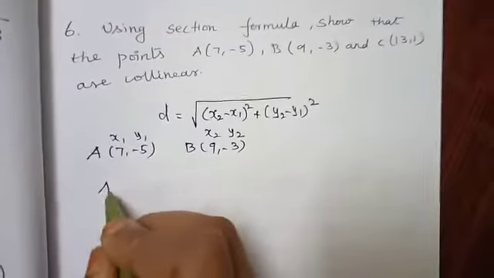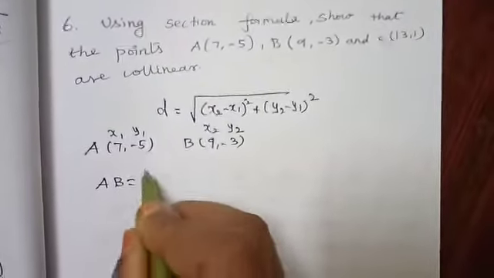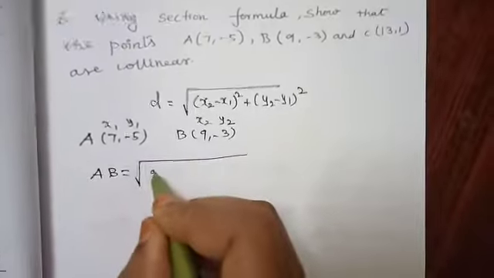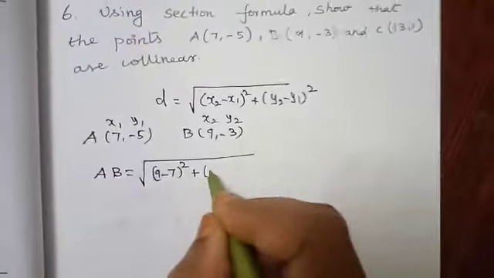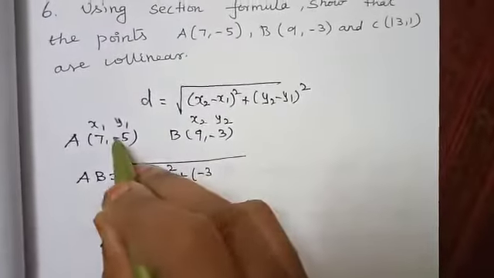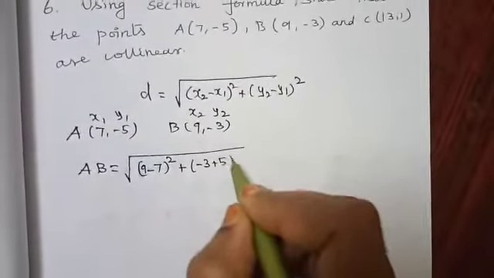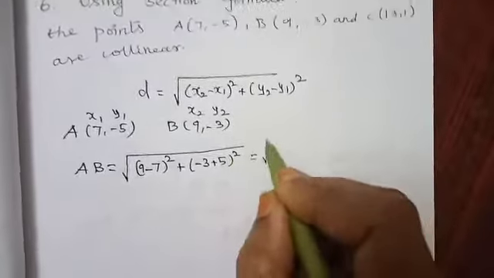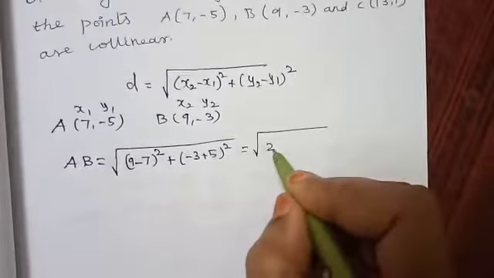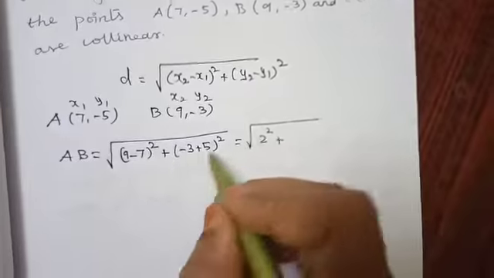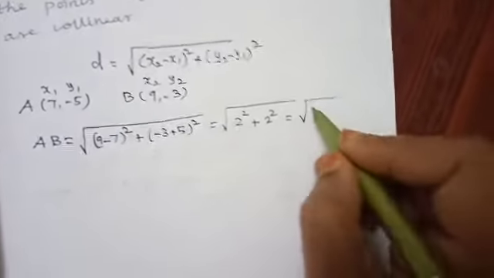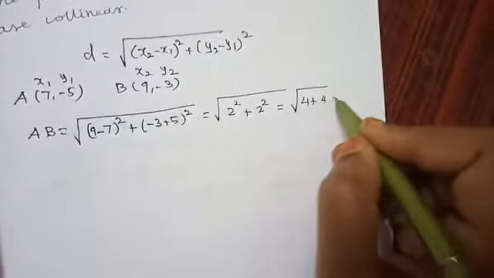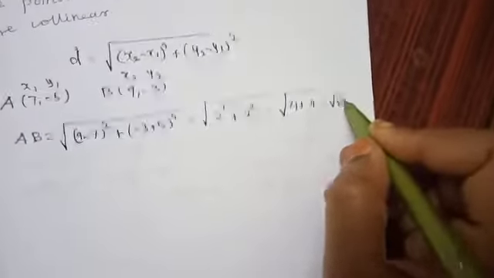Now the distance of AB is equal to square root of (9 - 7) the whole square plus (-3 - (-5)) the whole square, that is equal to square root of (9 - 7) 2 square plus (-3 + 5) 2 square, that is equal to square root of 2 square 4 plus 2 square 4, that is equal to square root of 8.